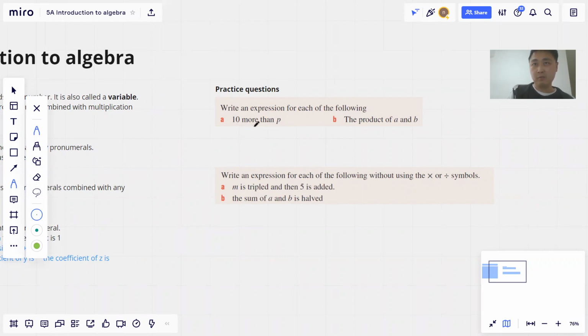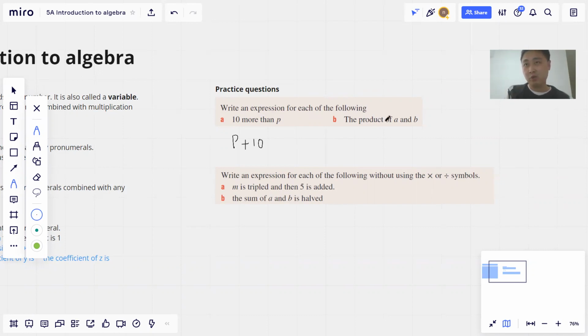We can write p plus 10. Does this make sense? So 10 more than p, we can write p plus 10, because that's 10 larger than p. And for the second one, I want you guys to do it.